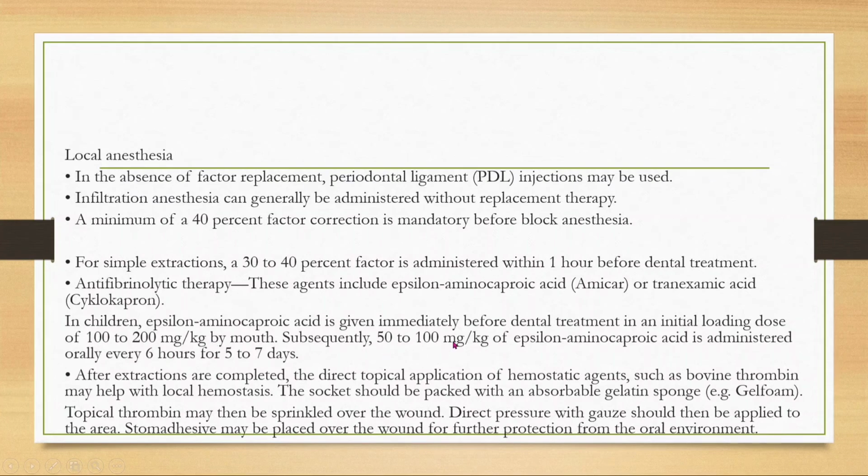After that, 50 to 100 milligrams per kg is administered every 6 hours for 5 to 7 days. After extraction is done, direct topical application of hemostatic agents such as bovine thrombin can be used. Topical thrombin may then be sprinkled over the wound, or direct pressure with gauze should be applied to the area.